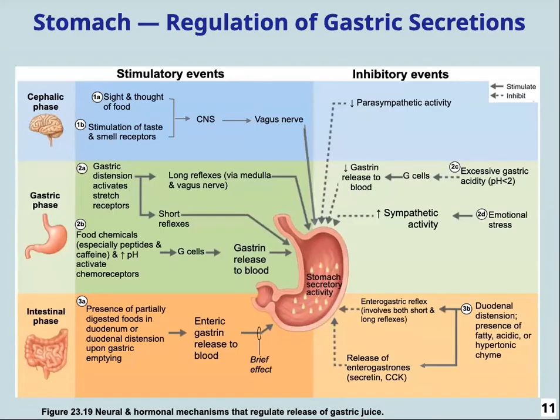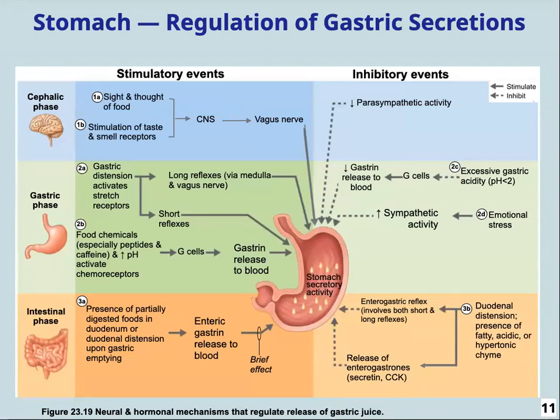So some of the general concepts to note is that most food-related stimuli that happen in the head, like the thoughts of food, visual stimulation, smell, sight, sound, as well as food-related stimuli happening in the stomach, will act to promote gastric secretion for the stomach to increase its production of hydrochloric acid and gastrin.